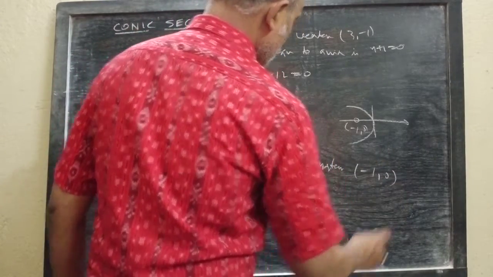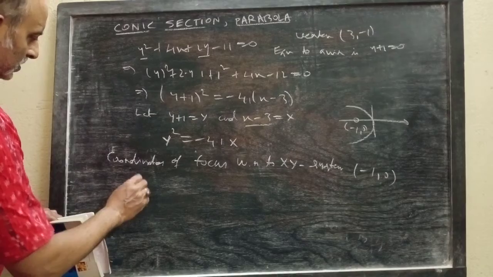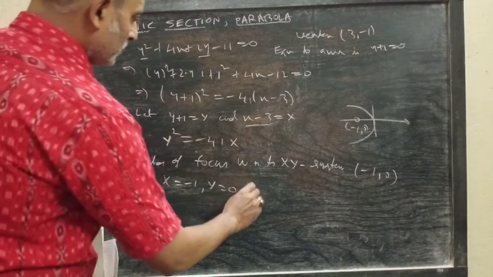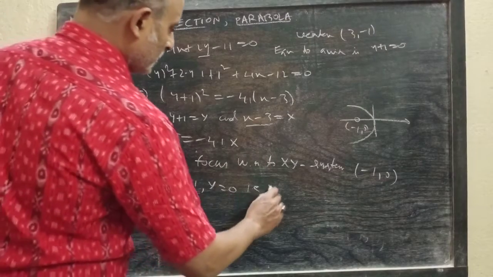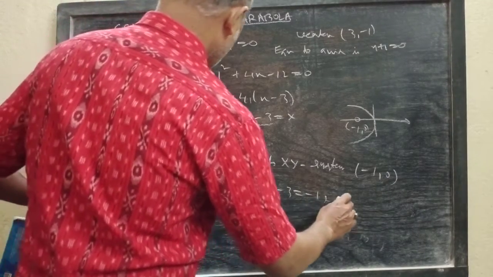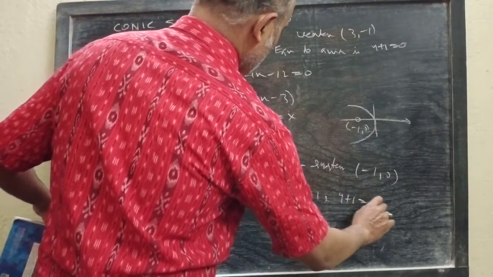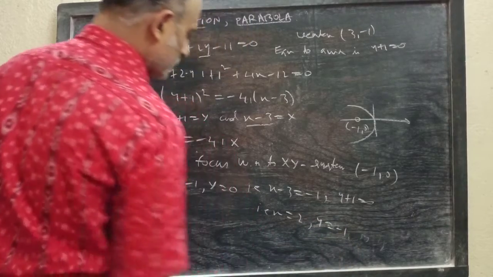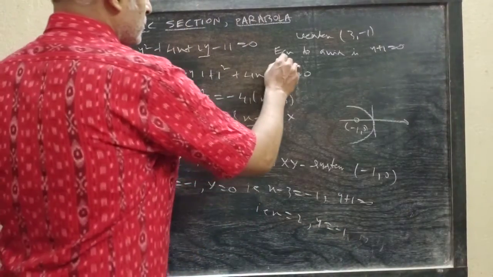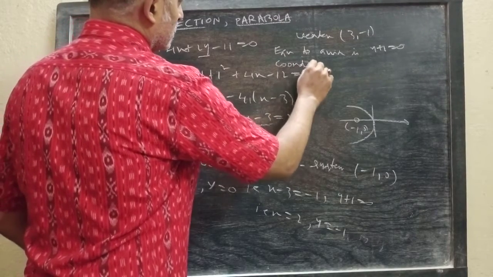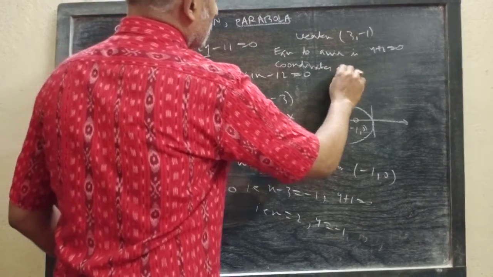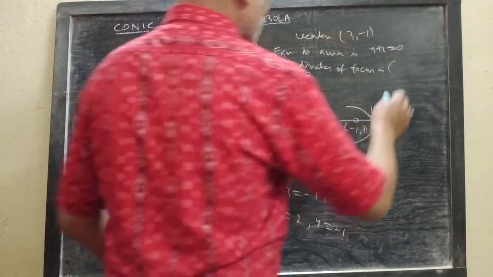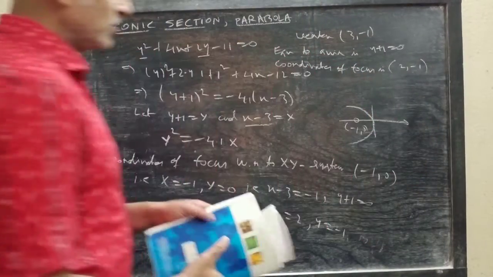That is, big X equals minus 1 and big Y equals 0. Big X is x minus 3, this is minus 1, and small y plus 1 equals 0, that is x equals 2, y equals minus 1. So coordinates of focus is 2 comma minus 1.